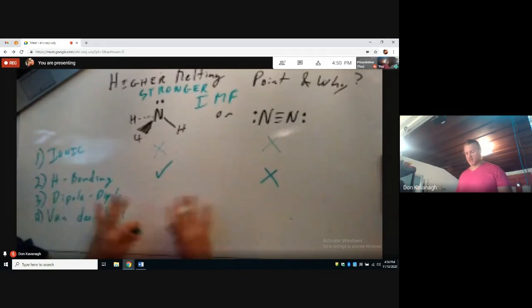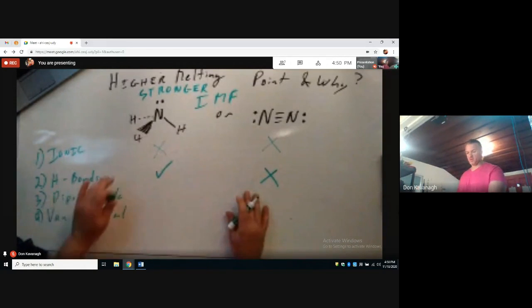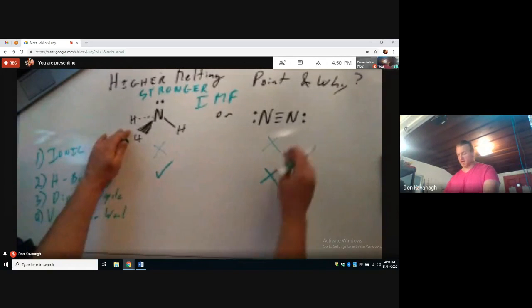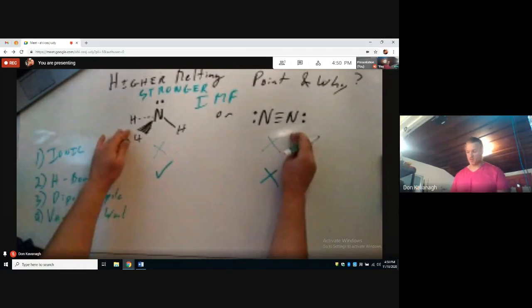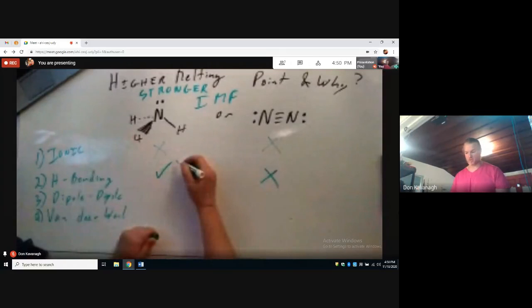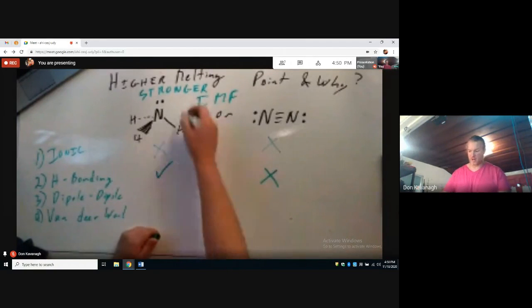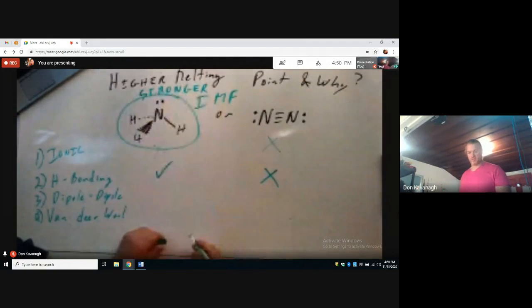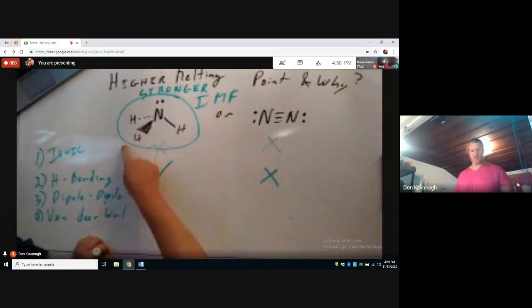With hydrogen bonding being present in ammonia but not in dinitrogen gas, ammonia is going to have the stronger intermolecular force and therefore a higher predicted melting point. We don't have to go down the rest of the list because we took the list from strongest to weakest.